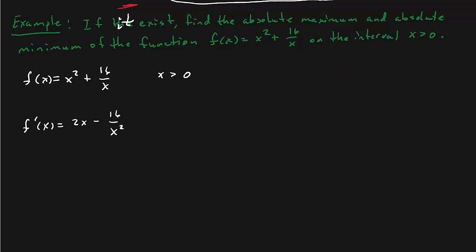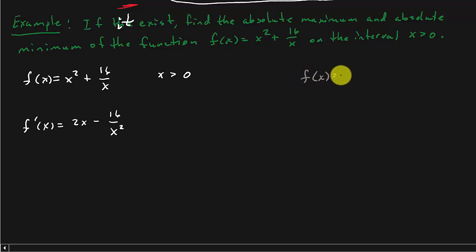I'm just going to show you this. If you have f of x equals 1 over x, you would write that as x to the negative 1. So f prime of x is equal to negative 1 x to the negative 2, which is negative 1 over x squared.